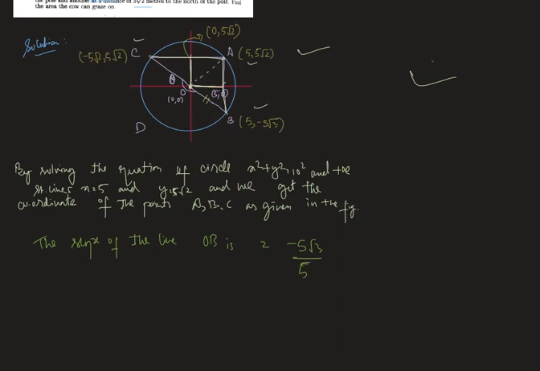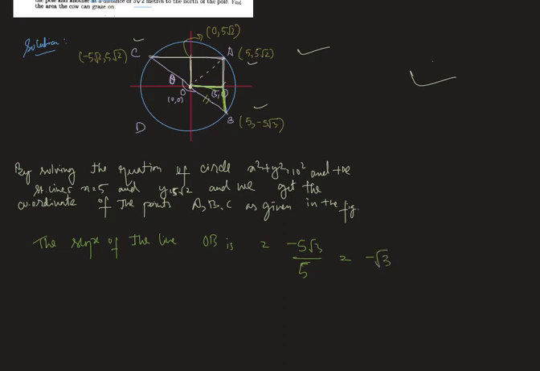As we know that slope is equal to perpendicular divided by base, and the length of the perpendicular here is minus 5 root 3, and the base is of length 5, and this results in minus root 3.